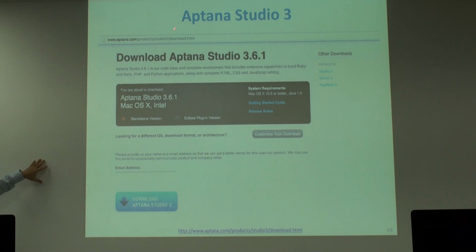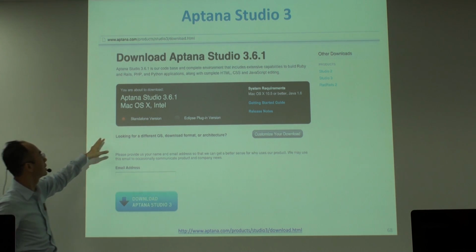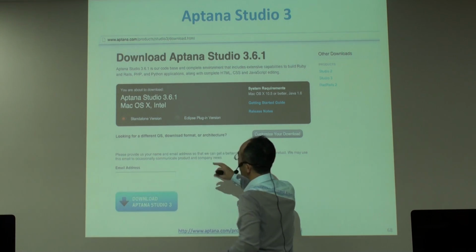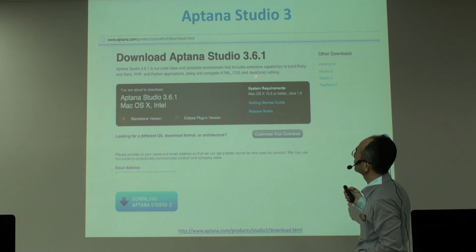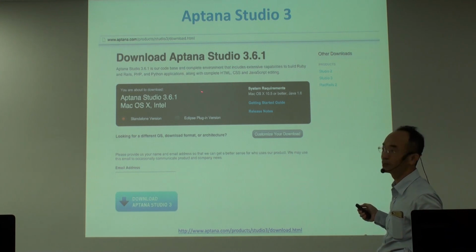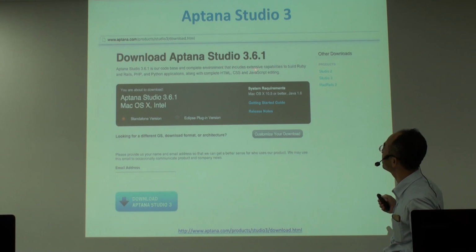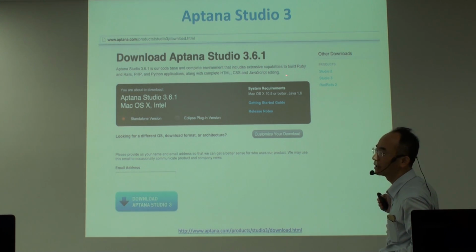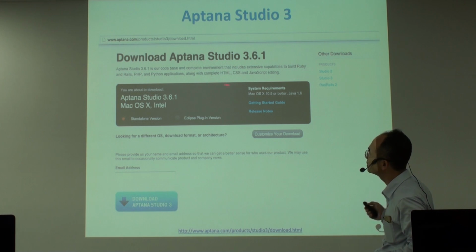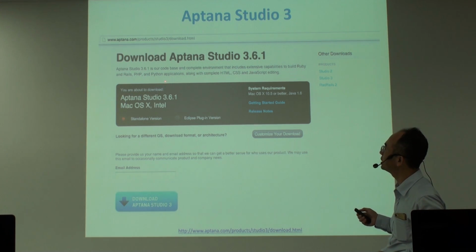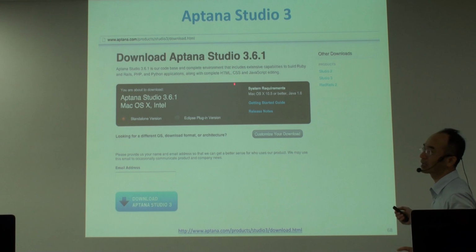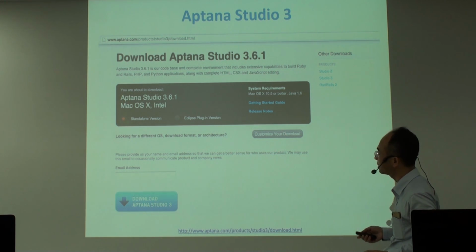So here, you can also use Aptana Studio. Aptana Studio is also a powerful editing tool. It's especially good for Mac OS, and it's a complete environment to extend capability to build Ruby on Rails, PHP, or Python applications, along with complete HTML, CSS, and JavaScript editors.